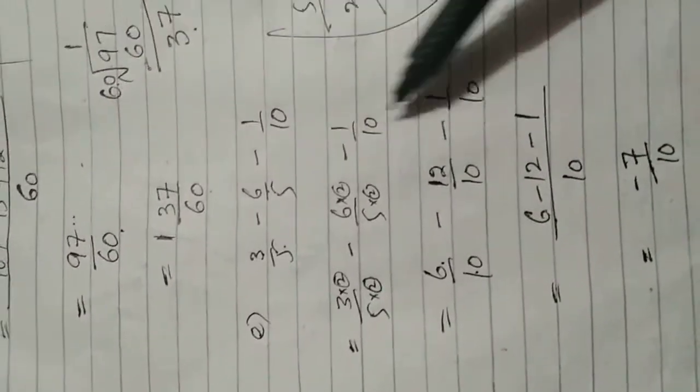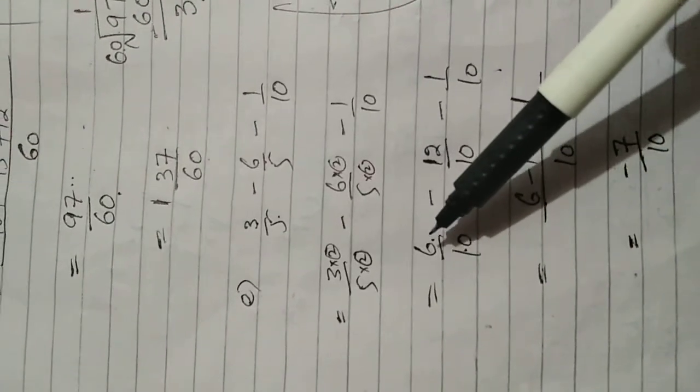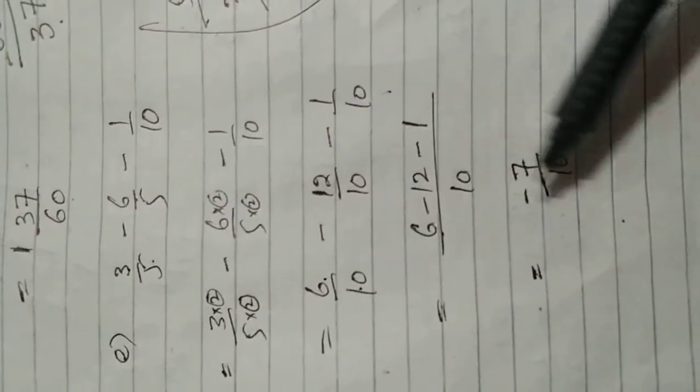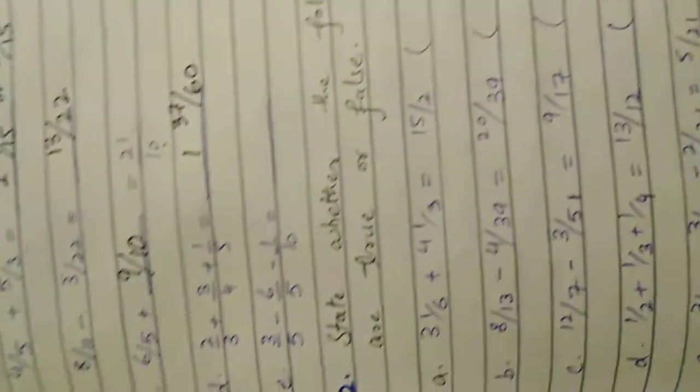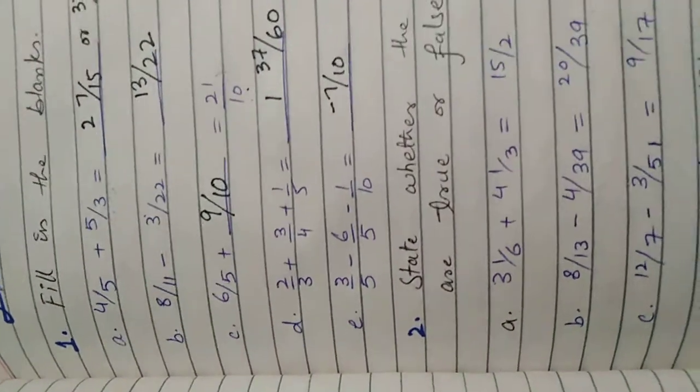Write 1 by 10 as it is. After solving, subtracting their numerators, 6 minus 12 minus 1, we get minus 7 over 10.